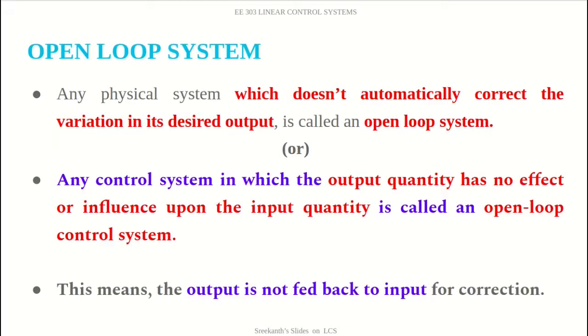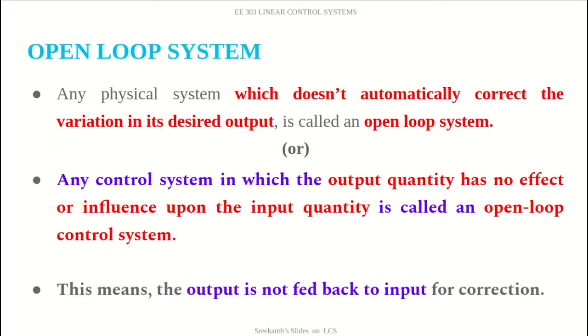If the output quantity varies, ideally that variation can be brought back to the desired output by varying the input. In a control system you can vary the output by varying the input. If the output can somehow influence or affect the input, then a variation in the output can affect the input in such a way that it is brought back to the desired output.